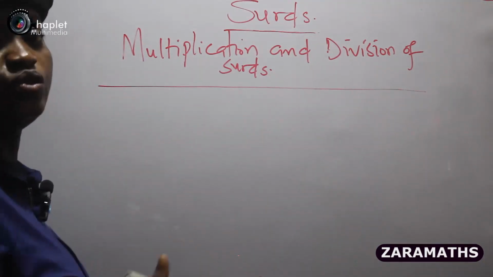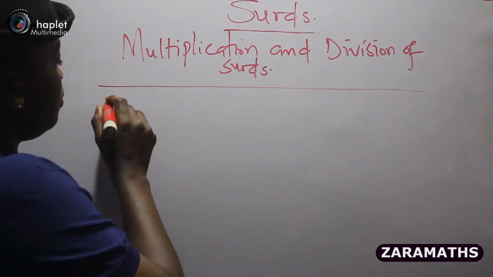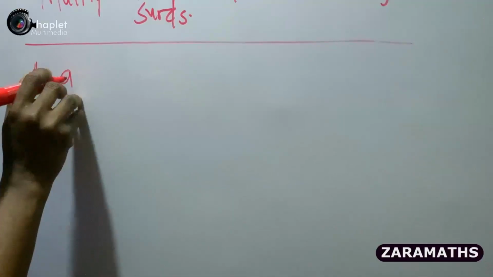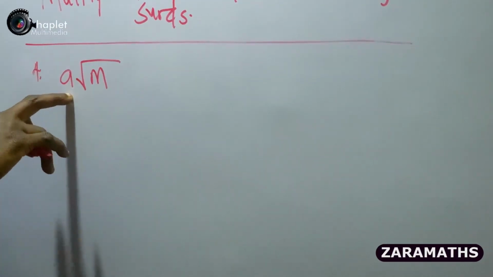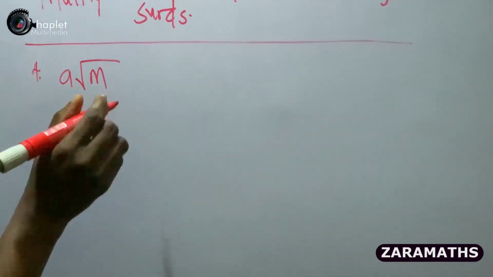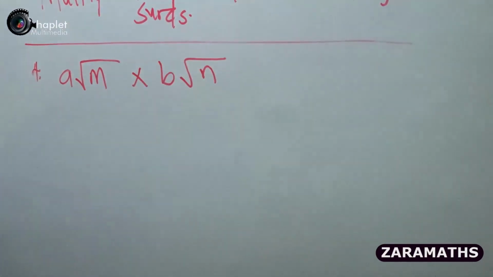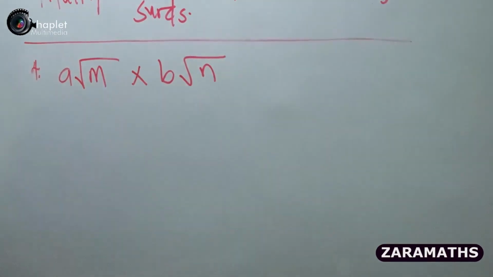In a situation whereby the coefficients are greater than 1, the fourth law is applicable. If you have a root m, and the coefficient is greater than 1, we are representing it with a times b root n. In this case, you multiply out the coefficients and multiply the radicals too.